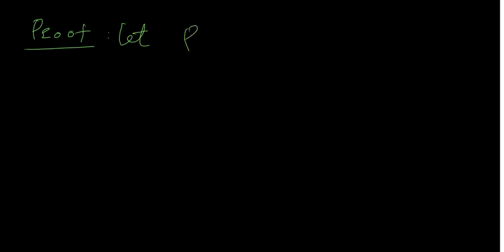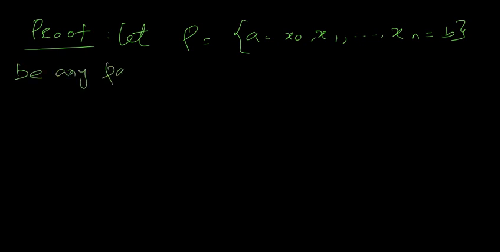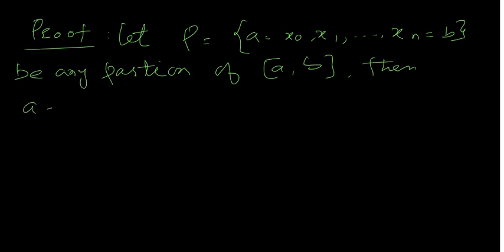Let's take this partition, let this be any partition: a equal to x naught, x1, up to xn equal to b, any partition of the closed interval [a, b]. Then obviously this a equal to x naught is less than x1, which is less than x2, less than xn, which is equal to b.